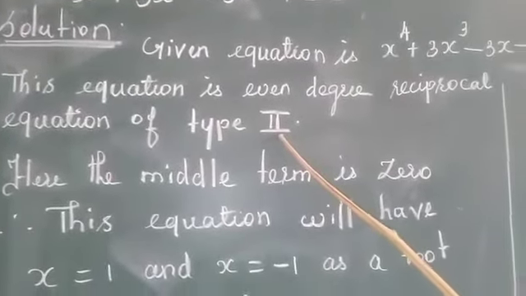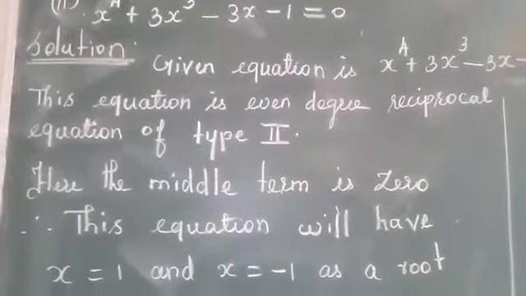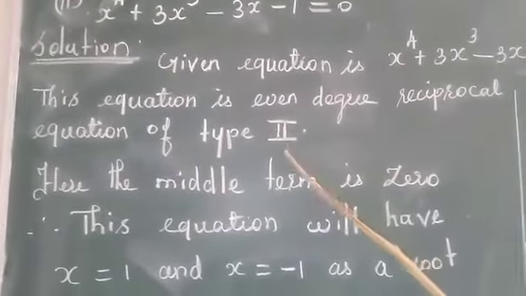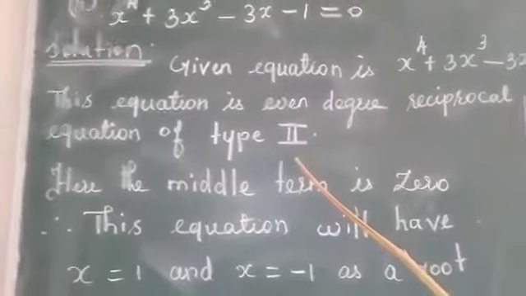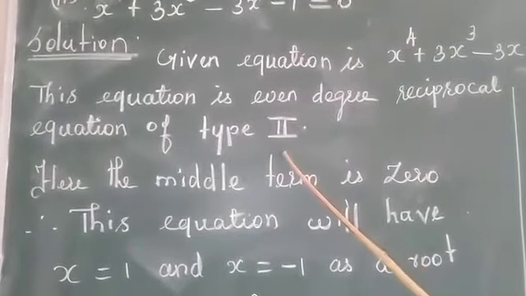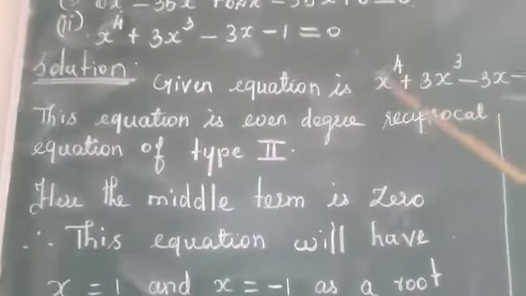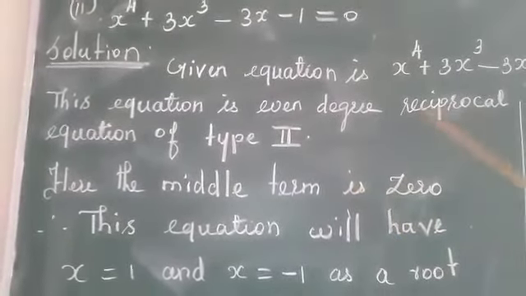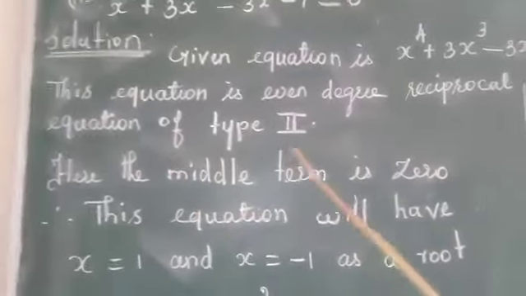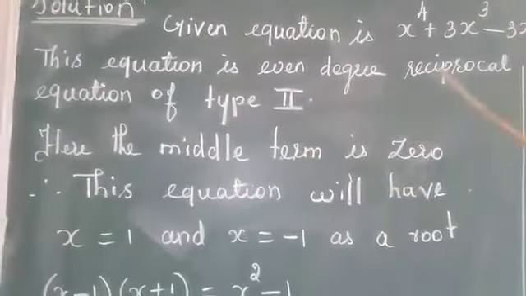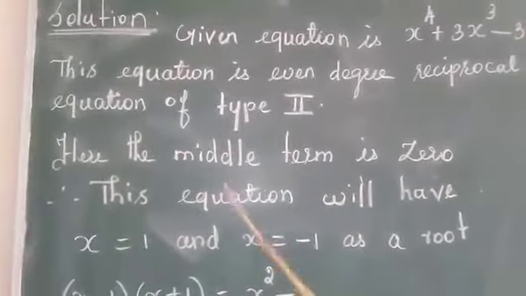As I mentioned earlier, if the signs are different, that is a second type reciprocal equation. Also, the highest degree is 4, so we say it is an even degree reciprocal equation of type 2. As I mentioned, the middle term is 0.